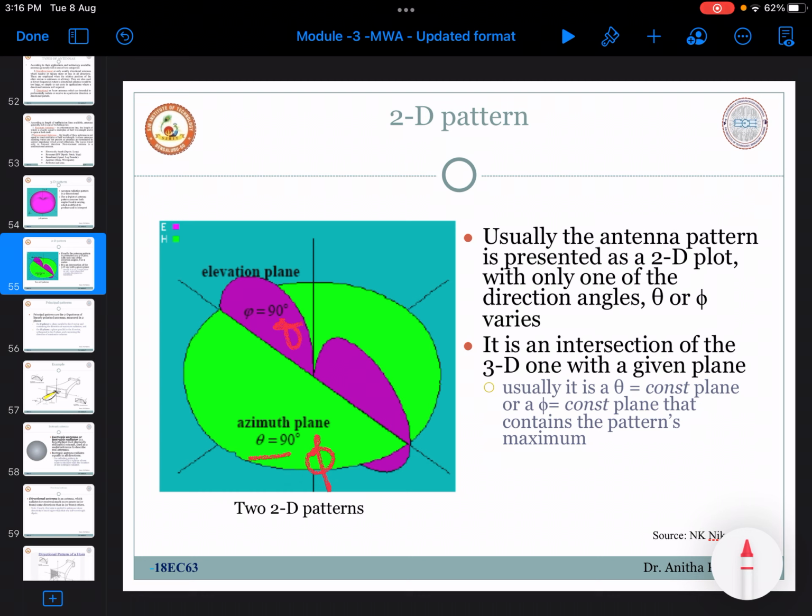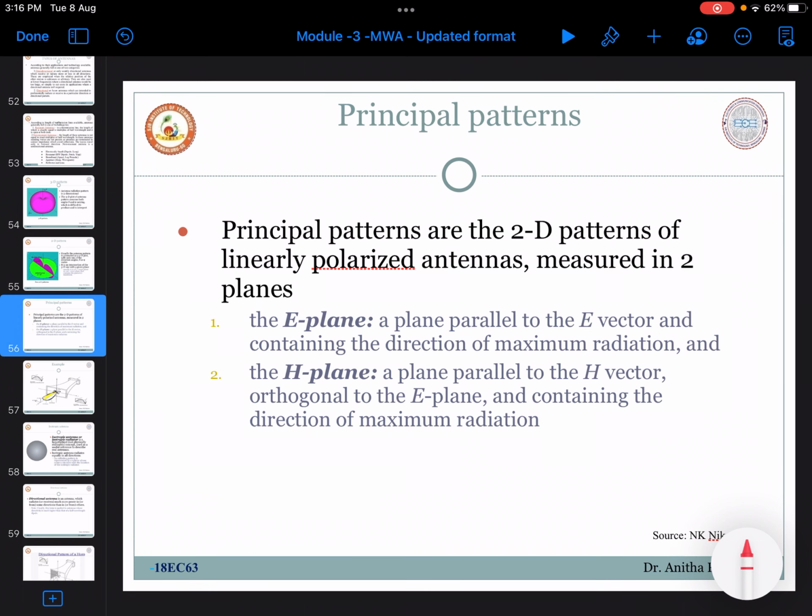Based on this, you will have E plane and H plane. Any radiation pattern can be represented in 2 dimensions in either E plane or H plane. So the principal patterns in 2D of a linearly polarized antenna are measured in 2 planes.